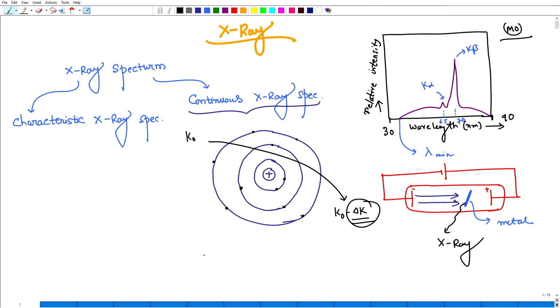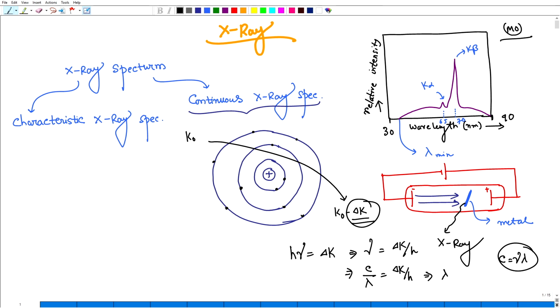And what will be the frequency of that photon? h nu should equal delta k, or nu will be delta k by h, and we know c equals nu lambda. So if we put it here, we can write c by lambda equals delta k by h.